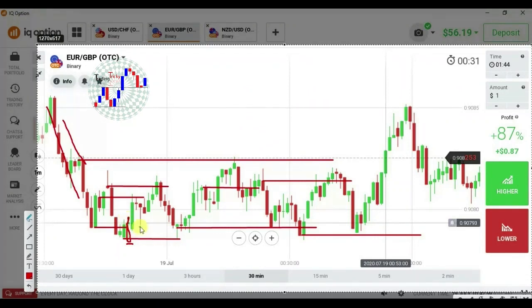If there is no new high and there is a new low, with the candle closing lower than this area, then we can expect sellers. But here we can see a new high, then the candle closes above, still a bullish candle. So this is buying pressure.